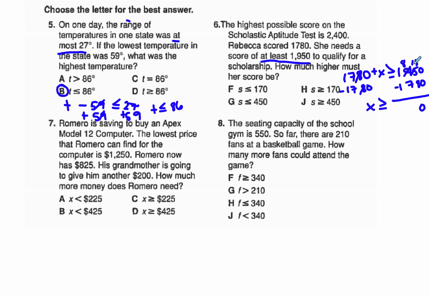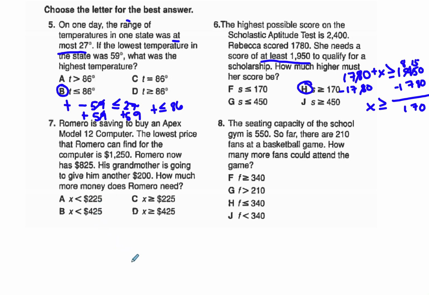Make this a 15. 15 minus 8 is 7. 8 minus 7 is 1. 1 minus 1 is 0. So we have x is greater than or equal to 170. And over here I see that they used S for score. So it's going to be H here.